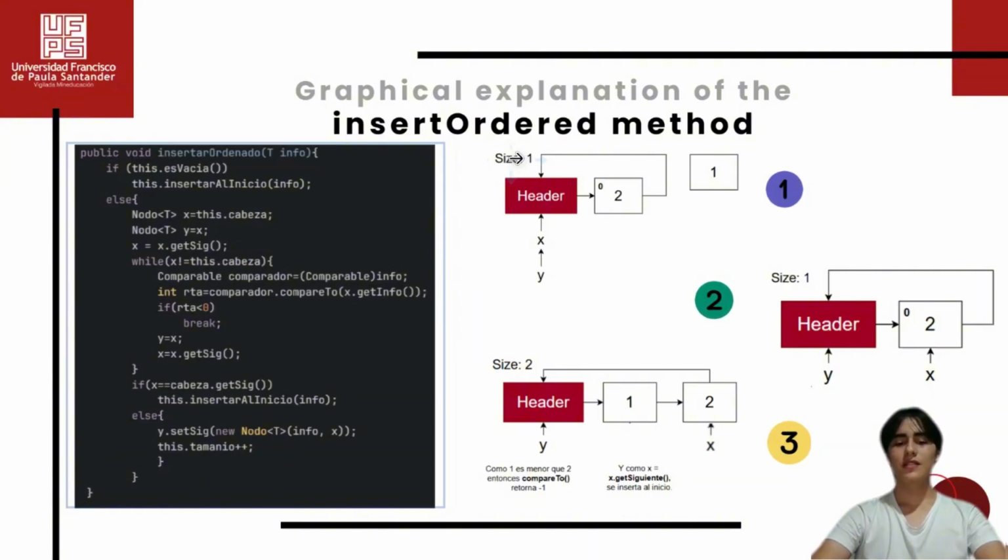If the new value is smaller, the loop stops. If it's larger, both pointers move forward until x reaches the head again, or a greater value is found. At that point, a new node is created. Y's next pointer is updated to reference the new node, and the new node's next pointer references x. In this case, the head now points to 1 and 1 points to 2. Finally, the list size increases by 1.